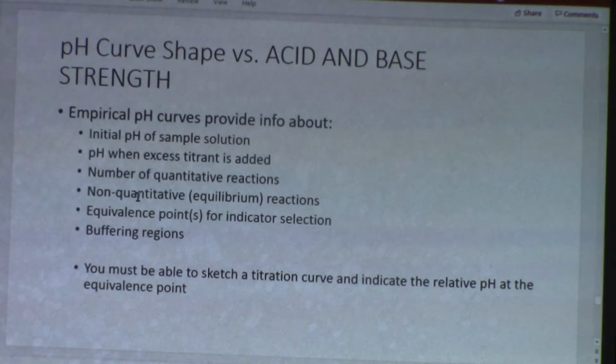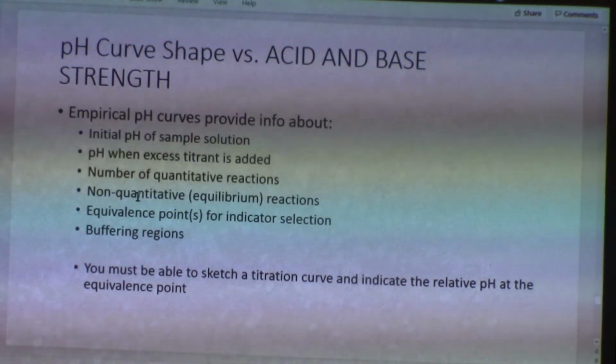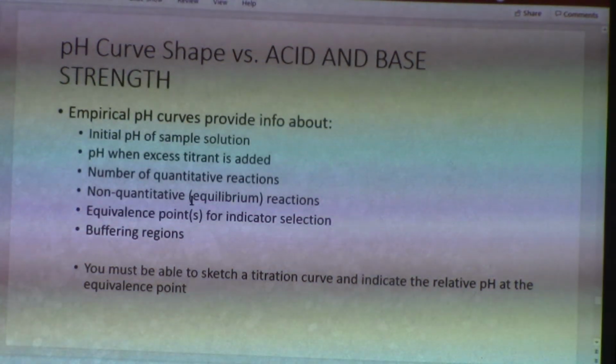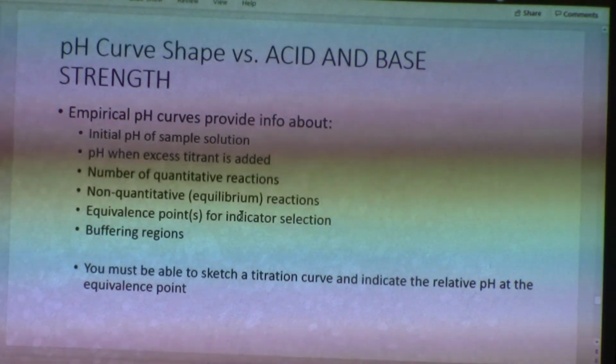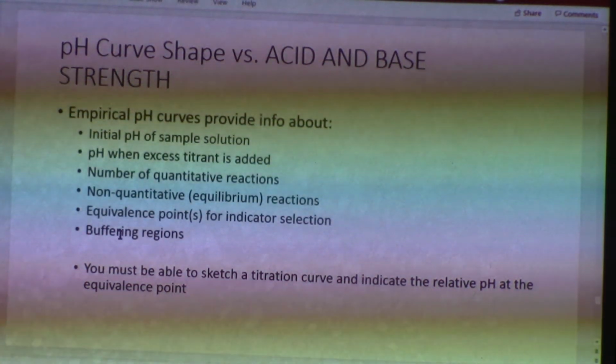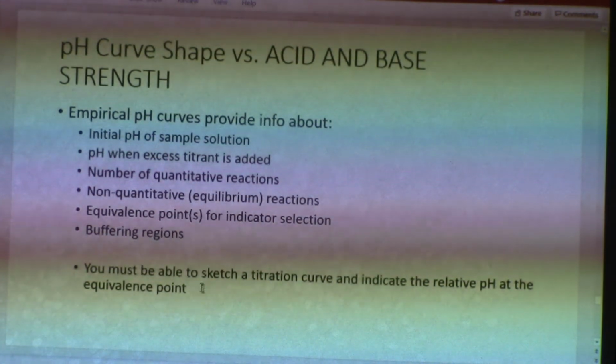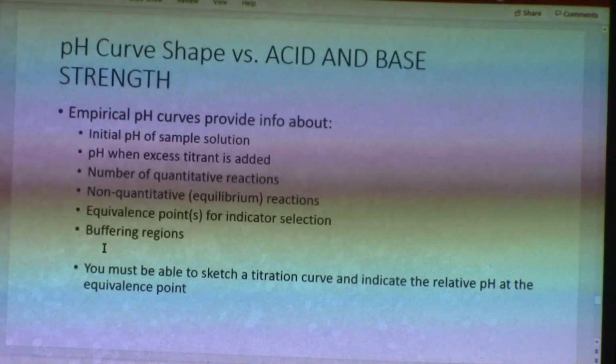We can find the endpoint, but we don't necessarily see the equivalence on a titration curve, right? We can look at indicator changes on graphs, we can look at equivalence points for indicator selection, and it tells us about buffering regions. Okay?